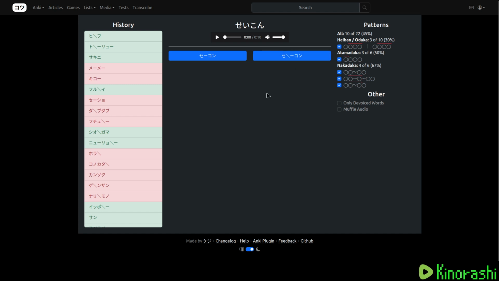Okay. Seikon. That ko sounds lower pitch, I think, so. Yeah, this says it's a atamadaka, and this says it's a heiban.